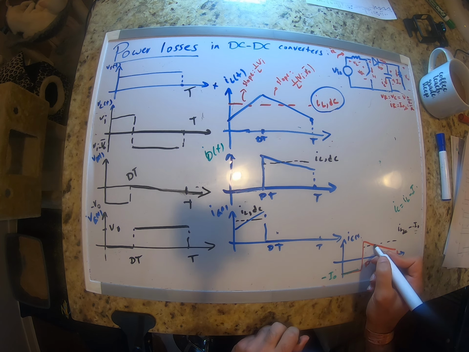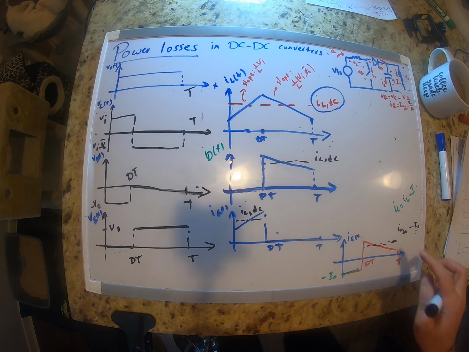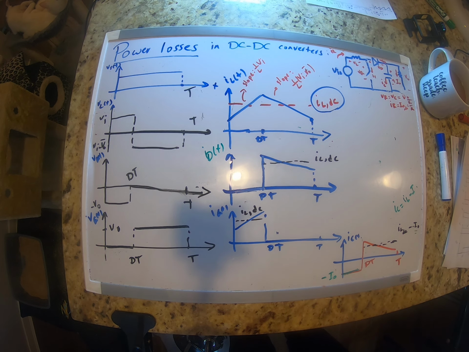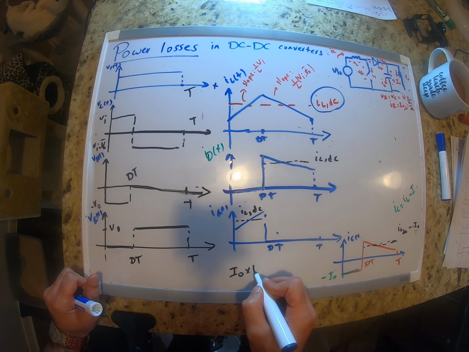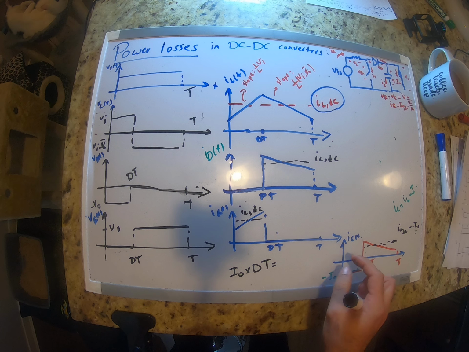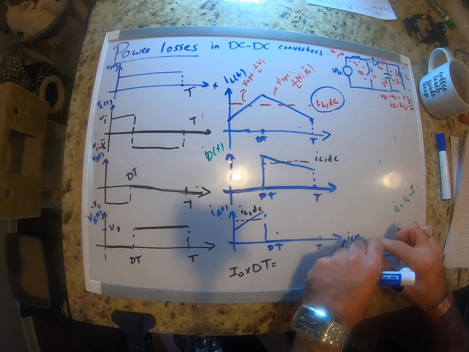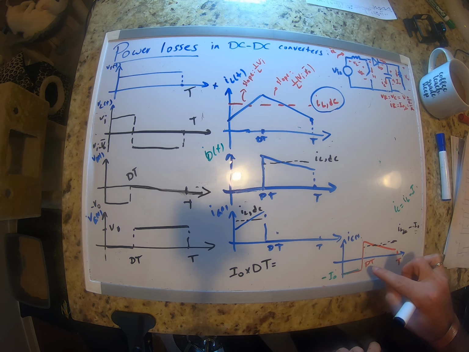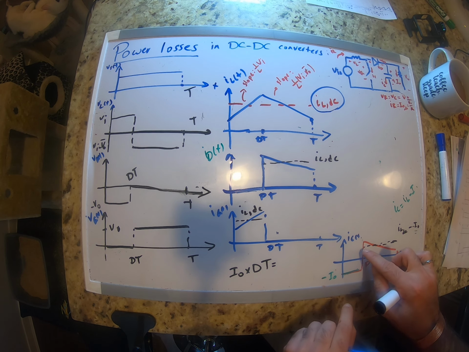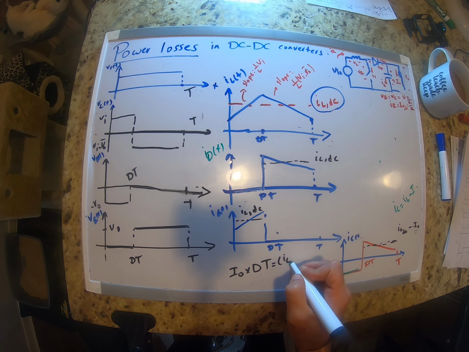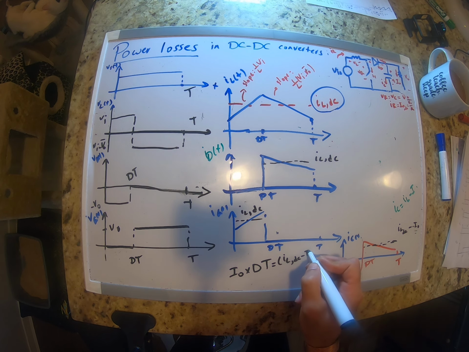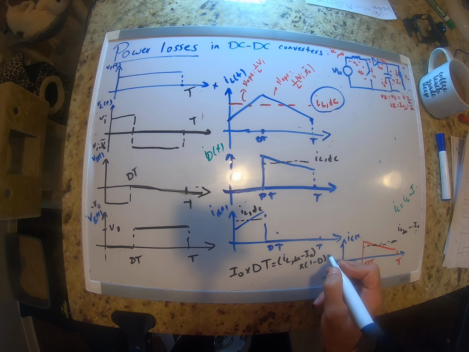So the whole area has to be equal to 0. This area is IO times dT. And this area, which is in the negative part, has to be equal to the area of this trapezoid. But the area of this trapezoid is the same as the area of this rectangle. So I can write it as ILDC minus IO times (1 minus D) times T.